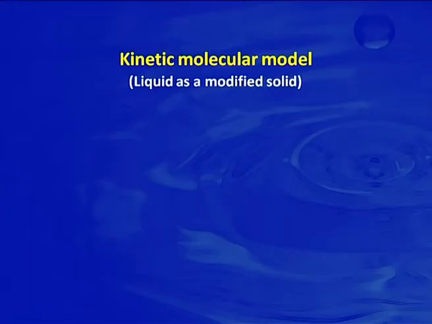Another model, we have liquid as a modified solid. In a solid, there is a well ordered arrangement of molecules throughout the whole mass, and each molecule is surrounded by a set of other molecules in a particular symmetrical pattern. When we melt the solid, it expands only 10% in volume or 3% in intermolecular spacing.